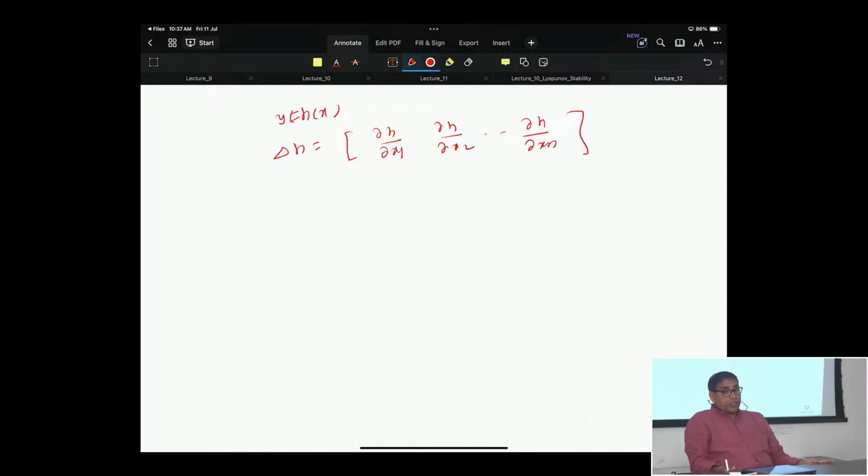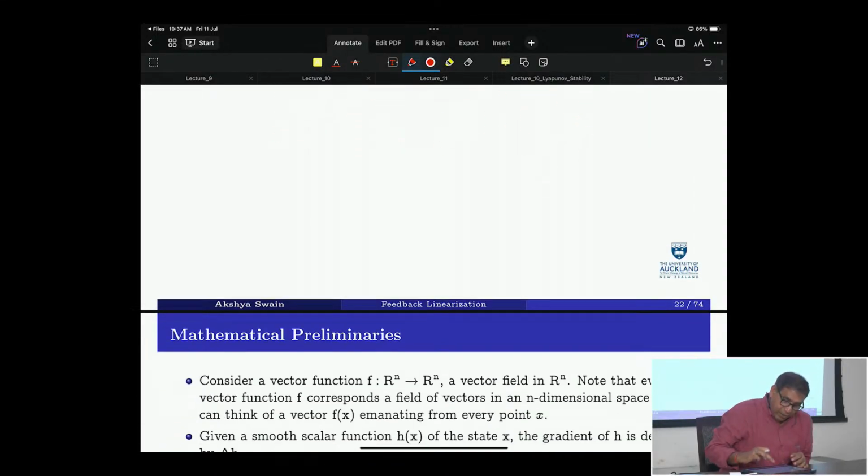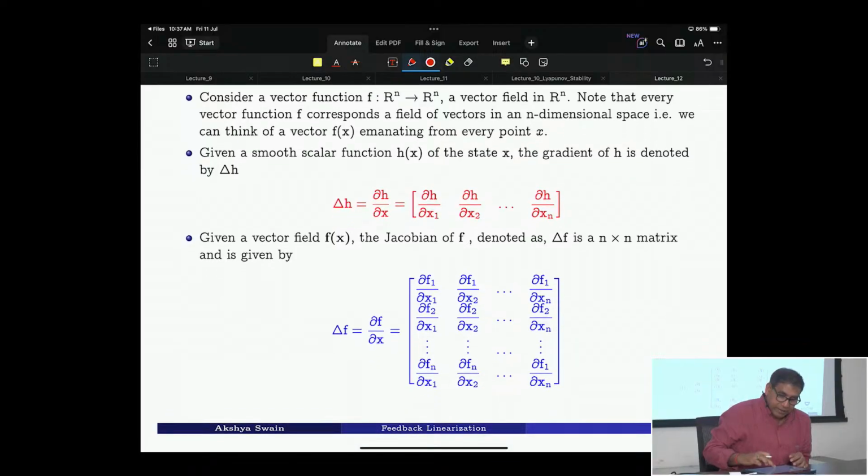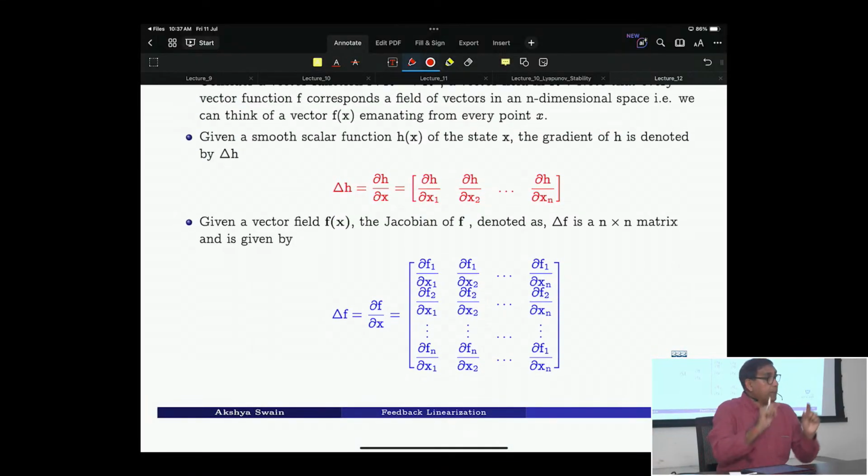So del h is equal to del h over del x1, del h over del x2, up to del h over del xn. That is the standard definition. And x dot is equal to f(x) plus g(x)u. Now I am defining del f, where f(x) means f1, f2, depending on the number of state variables. This is a matrix: del f1 over del x1, del f1 over del x2, up to del f1 over del xn, and so on down to del fn.